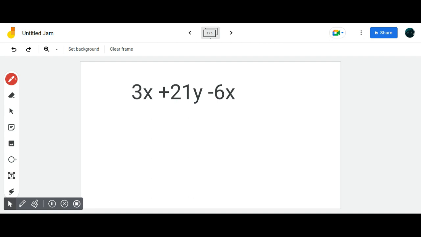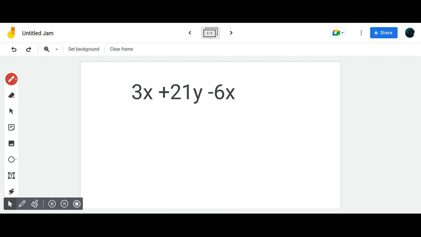Now, here on the screen you can see an example of an expression. There are some important properties that we need to identify when factorizing expressions. So we have the terms, we have the variables, and we have the coefficients. The coefficient is a number that multiplies the variable, and the variable is the letter that is multiplied by the coefficient.